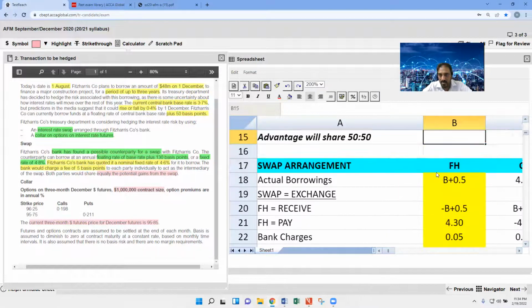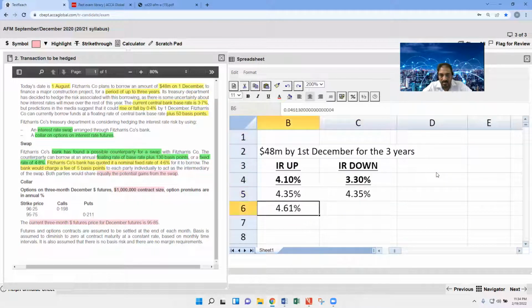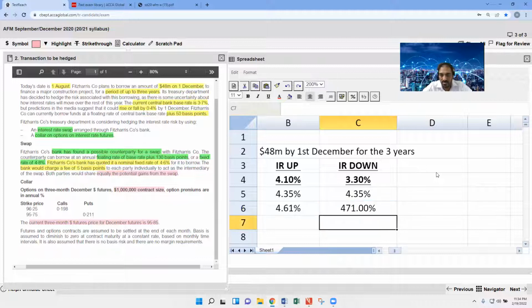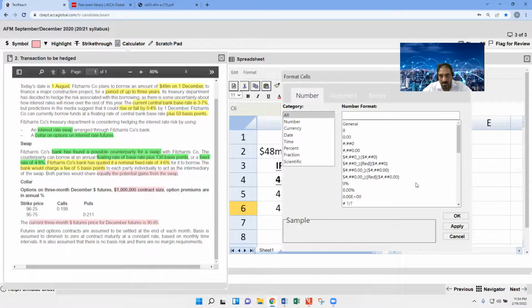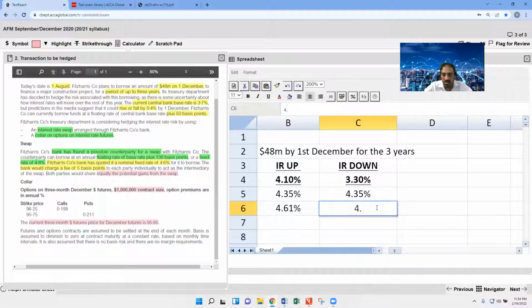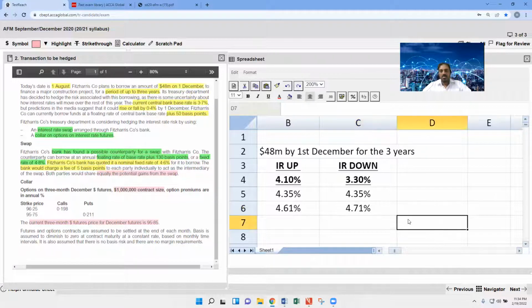So this is the complete case. Yes, that is the final answer: 4.713.